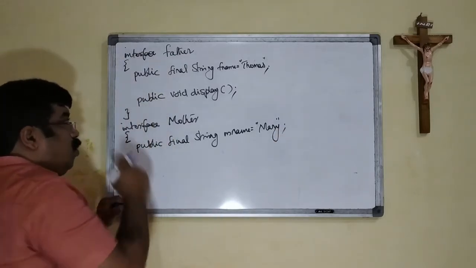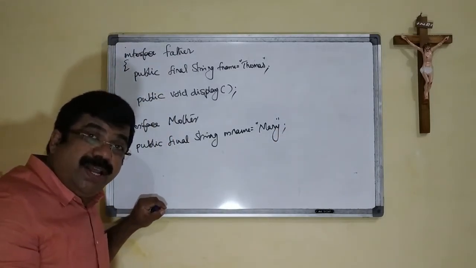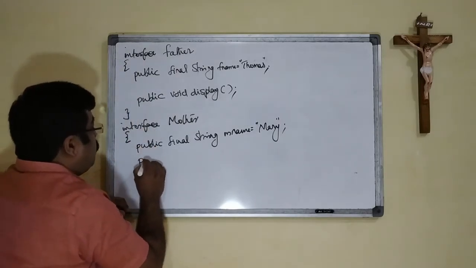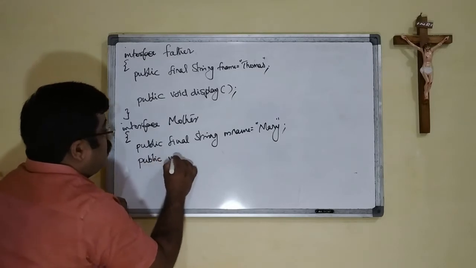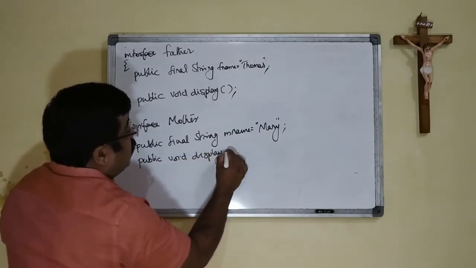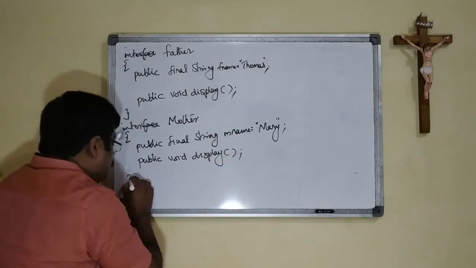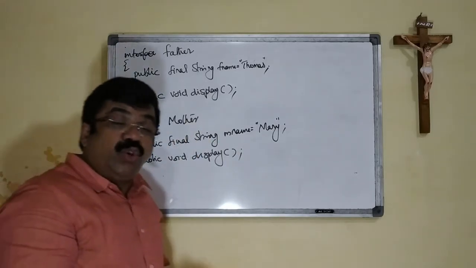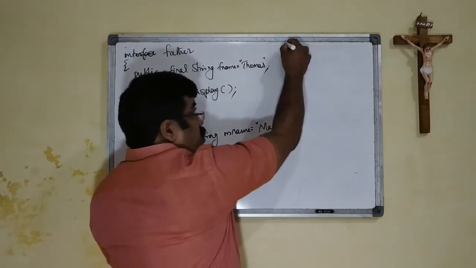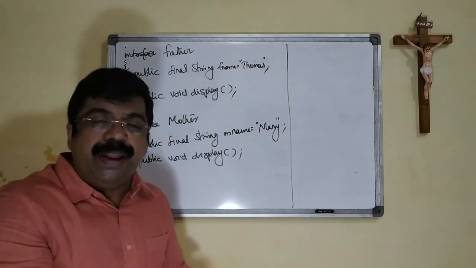Okay, now what can we have next? Only the abstract methods, right. Public void display, which is also an abstract method.